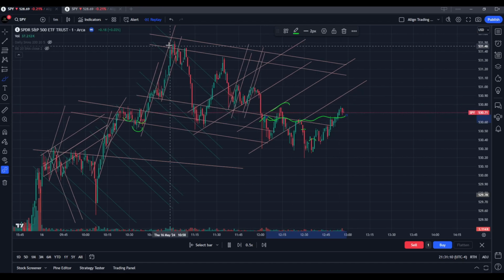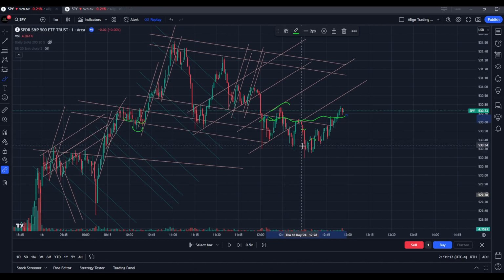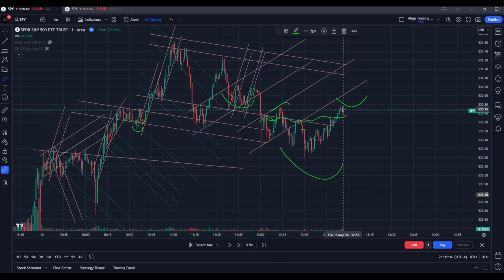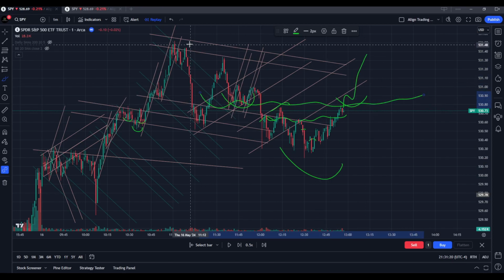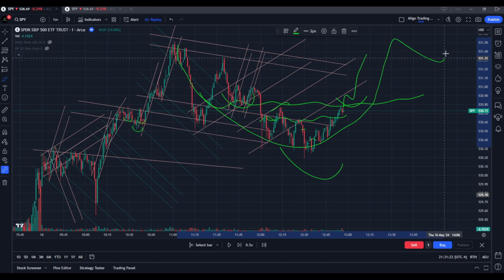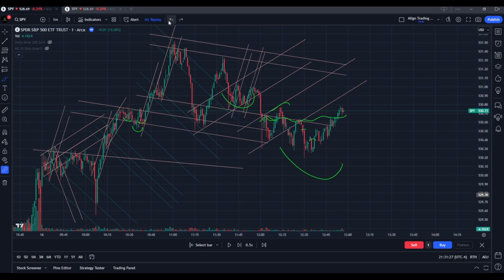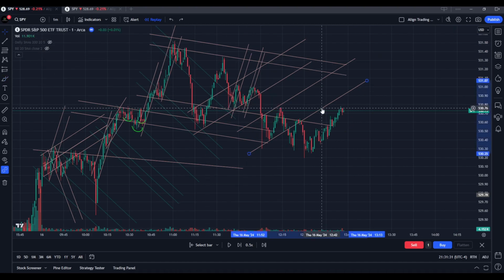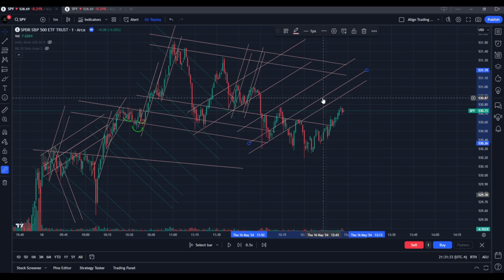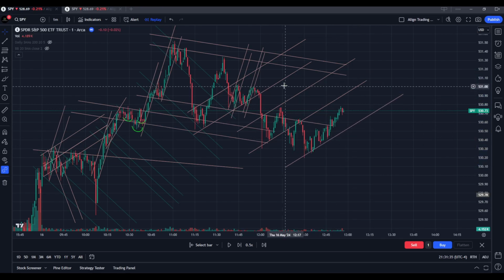Now we are watching for this possible inverse head and shoulder with this liquidity if we want to come back up and start moving higher, forming this larger cup. If we want a breakout like that, that is what I am watching for. However, I am still seeing this same algorithm right here, and I am seeing this algorithm right here.